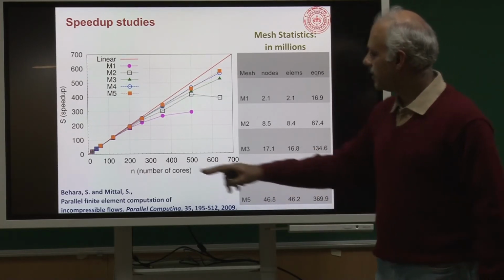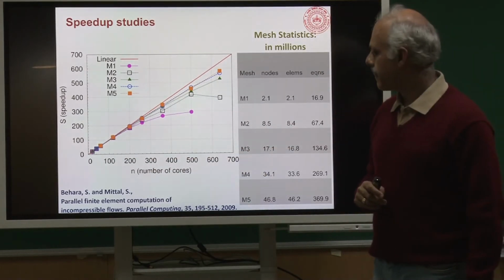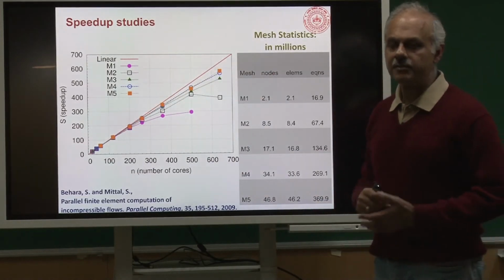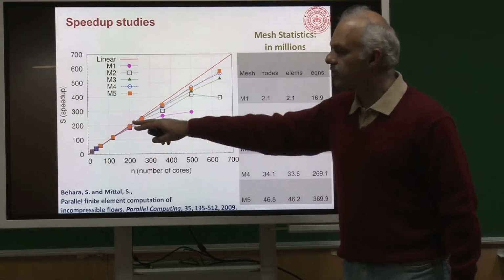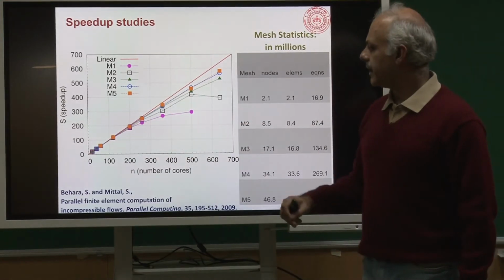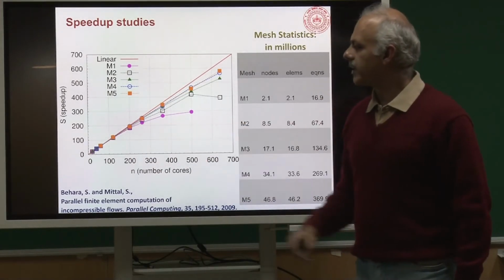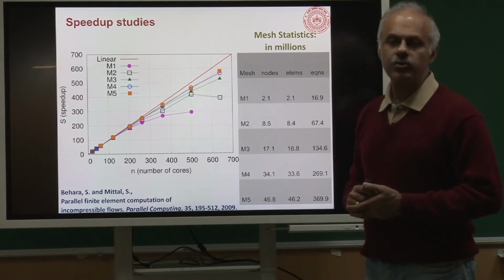We want to see how fast this thing scales up on a computer. So the x axis is the number of cores that we are using, and the y axis is the speed up. Speed up simply refers to, if I run a problem, let us say on 200 cores, then compared to running on 1 core, what is the faster rate that I get on 200.